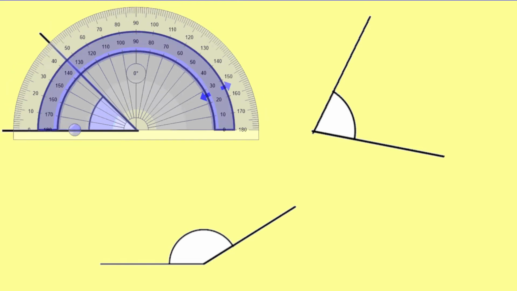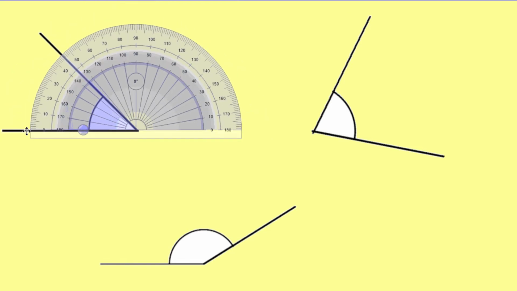Then I'll make my protractor a bit smaller. Right, we have a choice now. Do I start from the inside numbers or the outside numbers? You start from whichever 0 is on this flat line. So we've got this 0, so we're going to use the outside numbers. So I'm going to measure up, and I've got about 45 degrees here. So this angle here, we're going to say is 45 degrees.